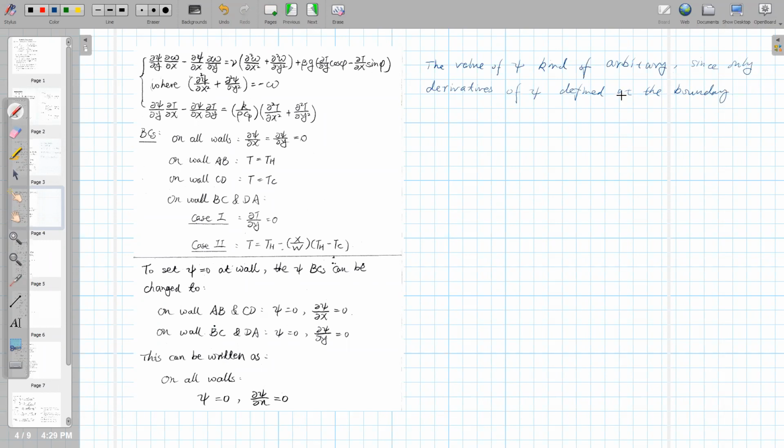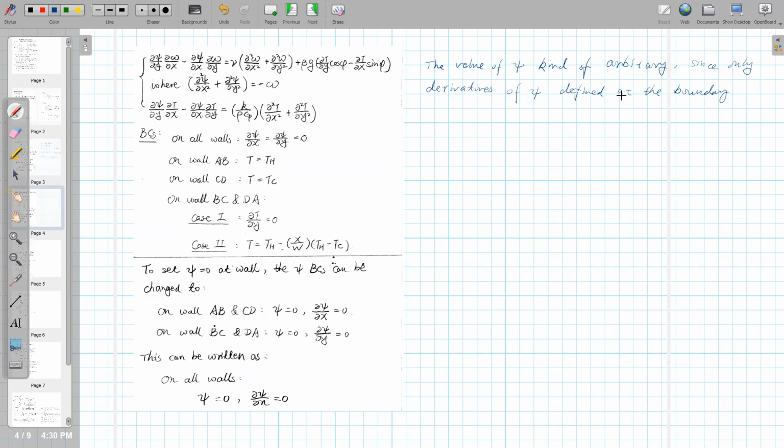Okay, but if you know the meaning of the stream function, if you took the fluid mechanics class before, and you know about the stream function, actually the absolute value of the stream function is not that important, because you can consider the stream function as a kind of potential function.